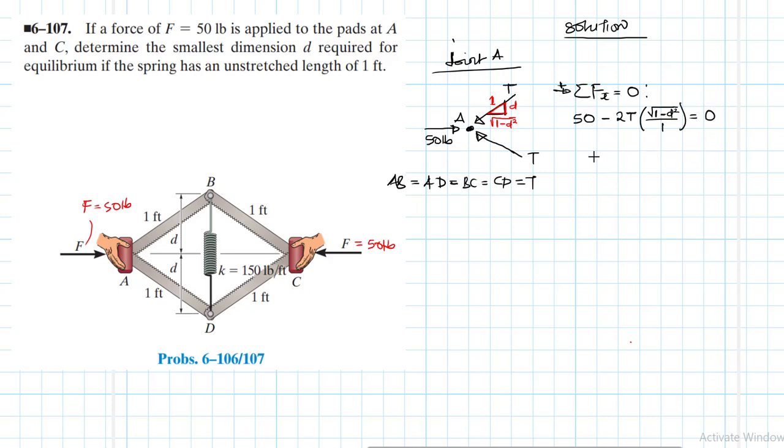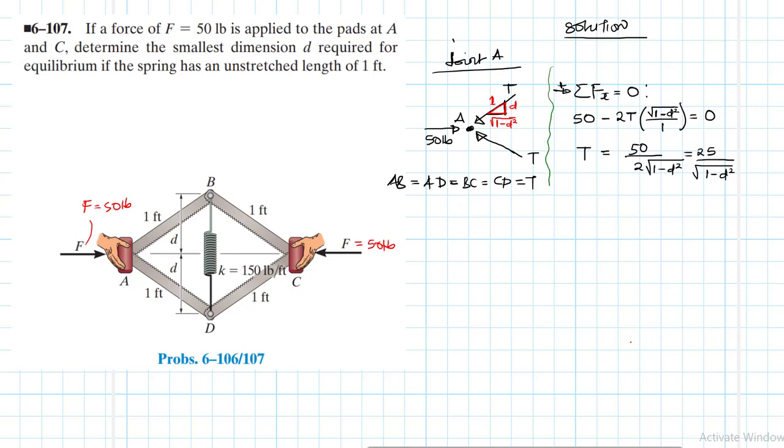So if we make T the subject of the formula, it becomes T equal to 50 divided by 2 root of 1 minus D squared, which is equal to 25 over root of 1 minus D squared, right?